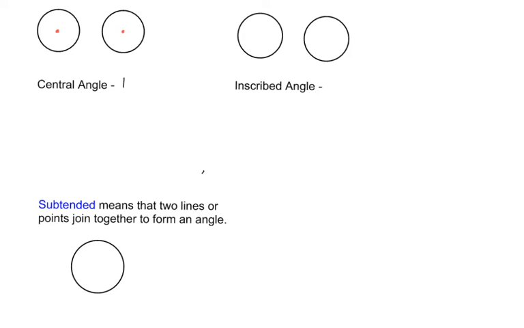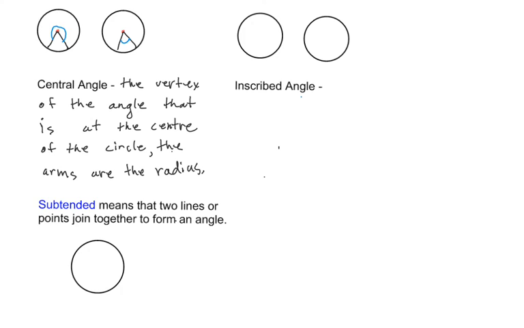Then we'll draw those arcs. Now, as for the second circle, we'll draw the same shape, but this time we'll show that it could be an acute angle instead of an obtuse angle as in the first example.